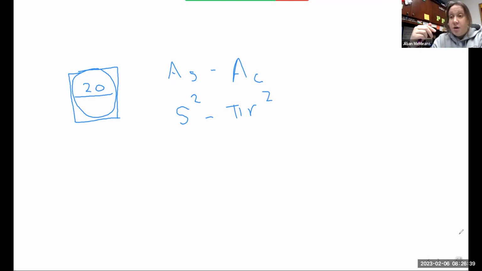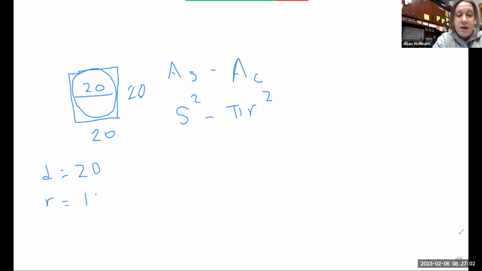Well, if the diameter of the circle is 20, that means the side of the square is also 20, because that circle is supposed to fit in the square perfectly. So this side is 20, this side is 20 as well. So the length and the width are both 20. And then if the diameter is 20, the radius is going to be half of that. So the radius is going to be 10. So let's fill all of this in.